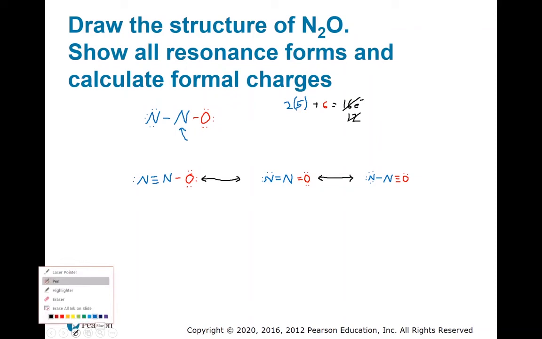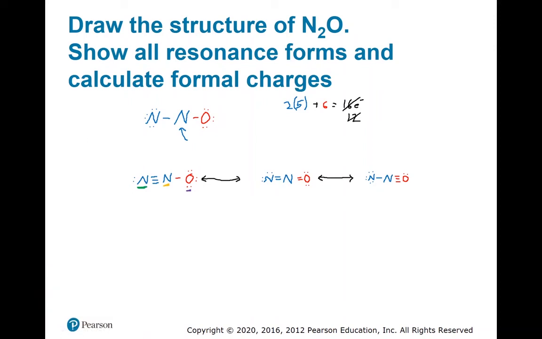I'll go through in detail the calculations of the formal charges in the structure on the left-hand side. I'll do the formal charge calculations for the left nitrogen in green, the central nitrogen in orange, and oxygen in purple.